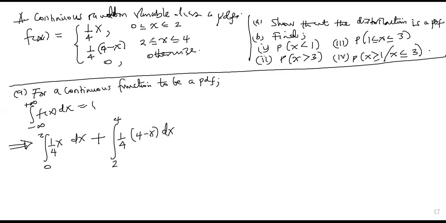This is 0 to 2, this is 2 to 4, right? So this is the same as a quarter outside being a constant.